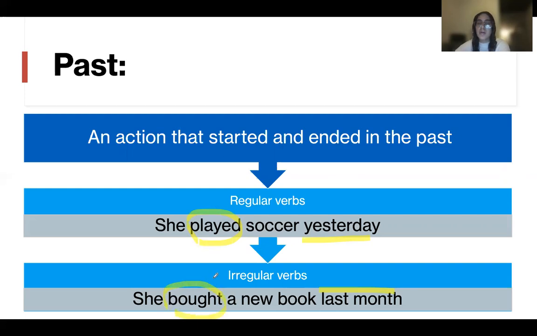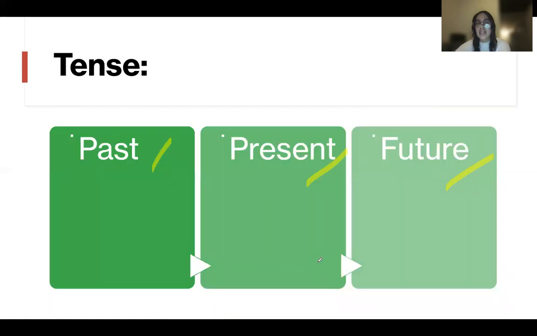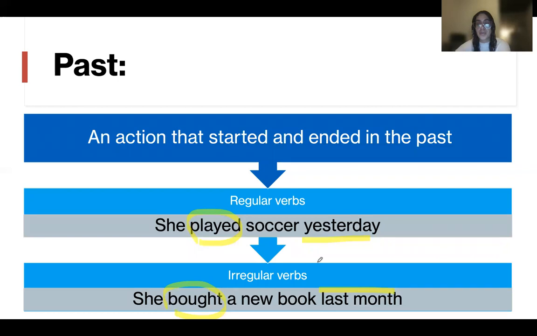If we're talking about regular verbs, we only have to add ed to the verb, but if we are talking about irregular verbs, we have to change the main form of the verb. So in this regard, we focus on the tense, that is the time when something occurred.